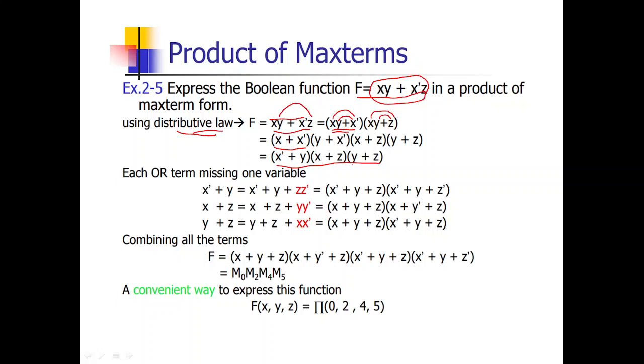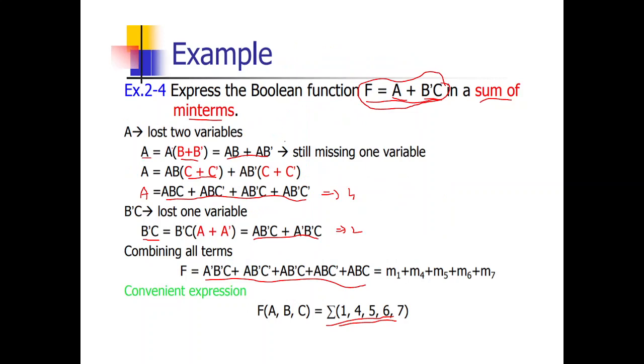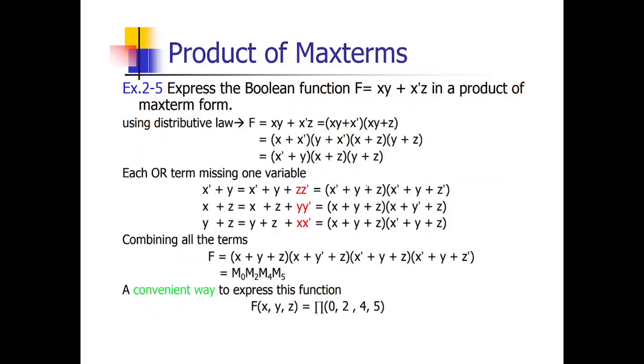So how can it be converted? The same procedure we discussed for sum of min terms. The complement operation has to be performed here, right? Here the missing variable and term have to be ORed. See here, the first sum term is x dash plus y.